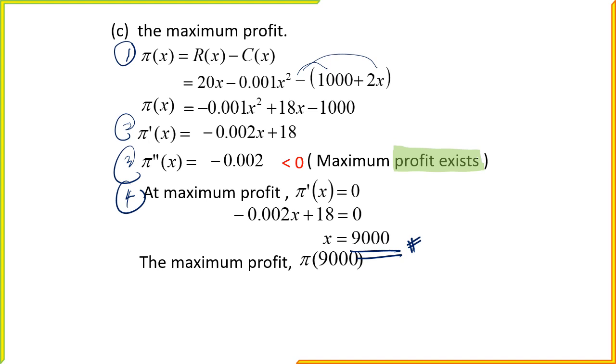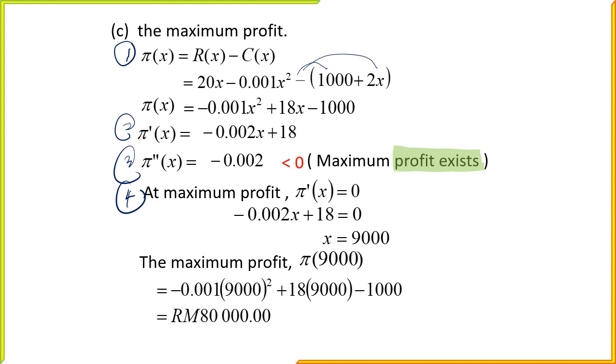Substituting 9,000, we get negative 0.001 of 9,000 squared plus 18 of 9,000 minus 1,000, which is equal to RM80,000. See, we have the maximum profit here, 80,000.